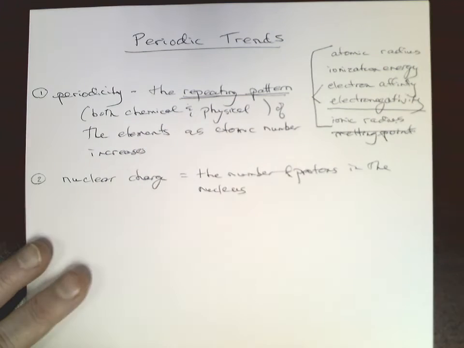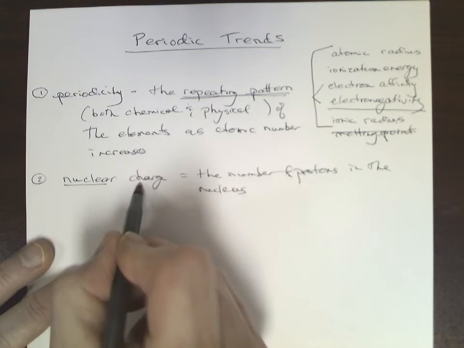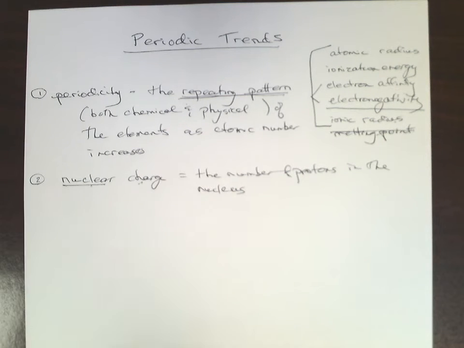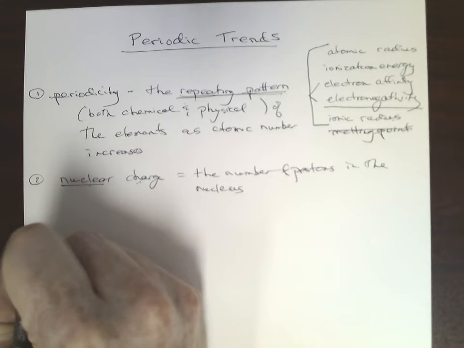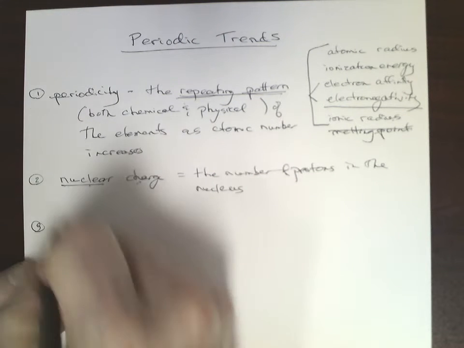That's the nuclear charge, the charge on the nucleus. And since the nucleus only has protons and neutrons are neutral, then the nuclear charge comes from the protons. Okay, not rocket surgery. So that one's pretty simple. I'll define two more here, and then we'll work with them in just a second.